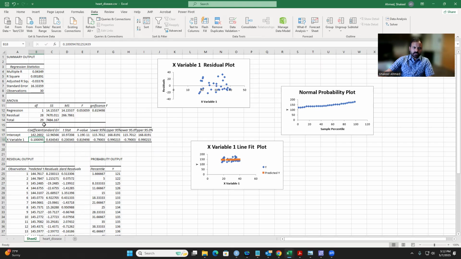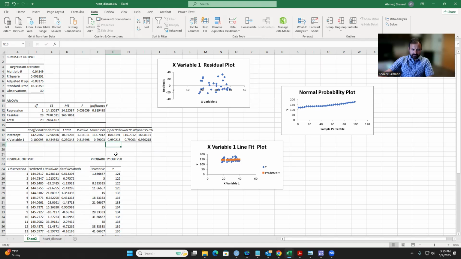And this is the overall significance of the model. The model overall also has no significance. And we have the 95% confidence interval for beta, that contains zero. Basically, this is negative and this is positive.